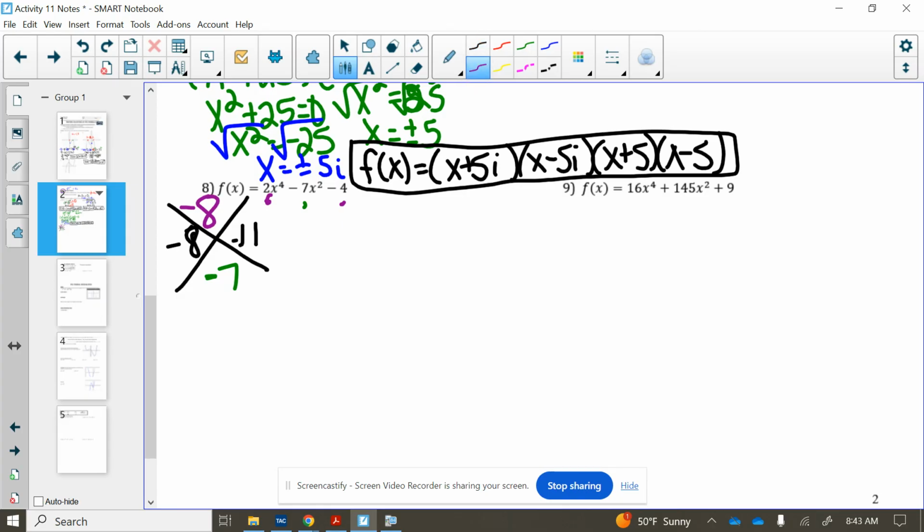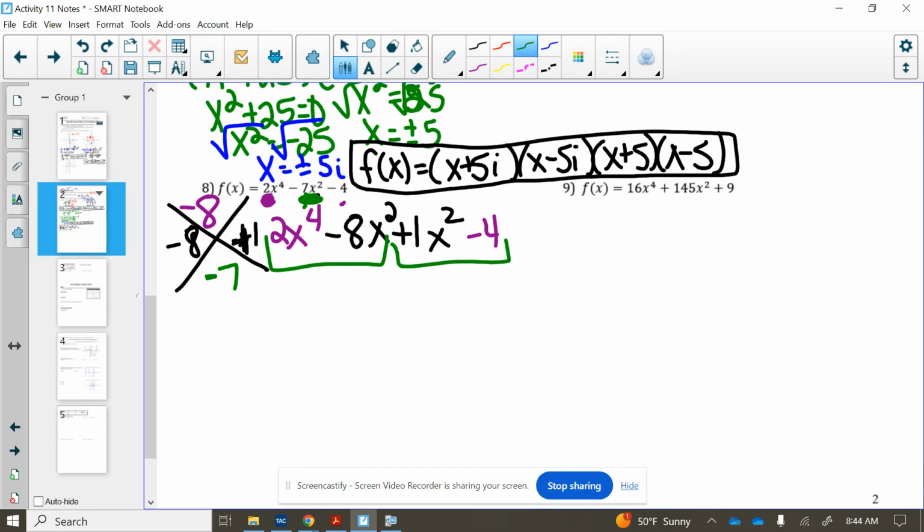And again, because of this leading coefficient here being anything other than 1, we would have 2x to the 4th, and then this time minus 8x squared, since that was squared, plus 1x squared, and then minus 4. So we're essentially just breaking apart this middle term to be -8 plus 1 as opposed to just -7.